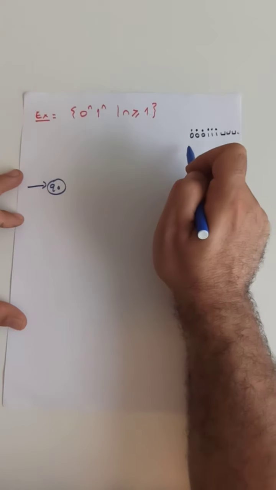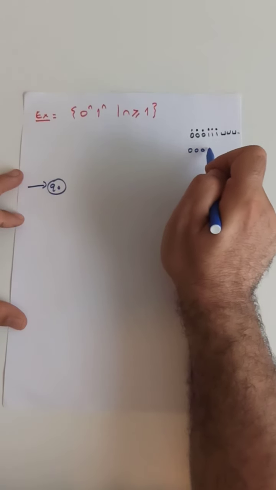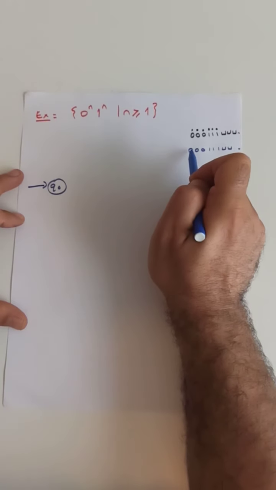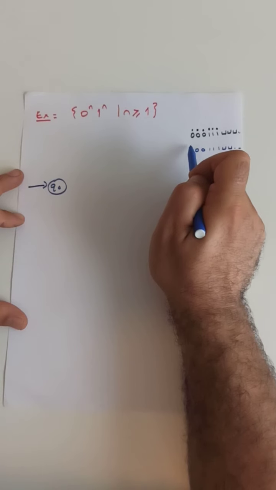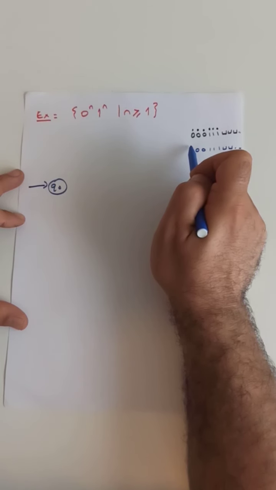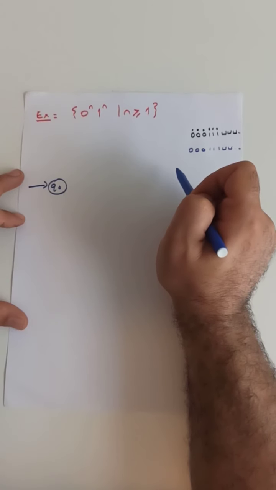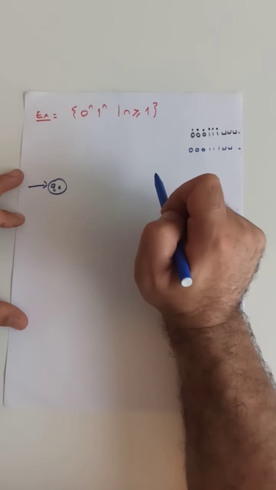So initially, you'll have 0, 0, 0, 1, 1, 1, and the blanks. We will have the 0. What we will want to do is mark that 0 with a new symbol, 0 dot, meaning that we have seen this 0, and we will try to match a 1 corresponding to it and mark that 1 to say that it has been matched with an existing 0.